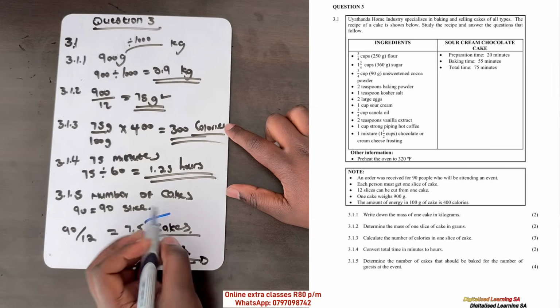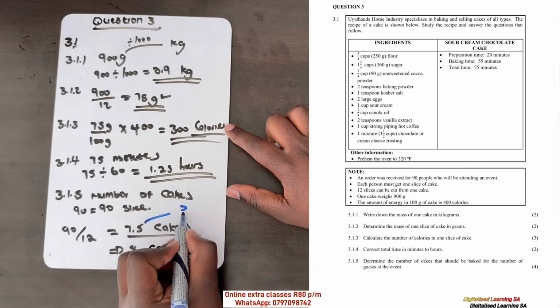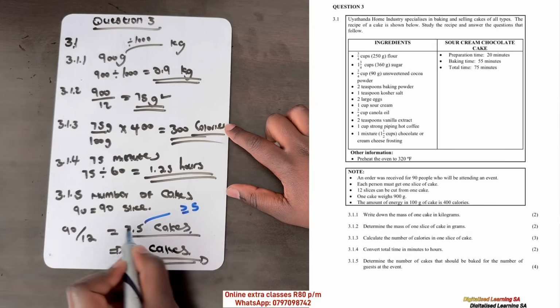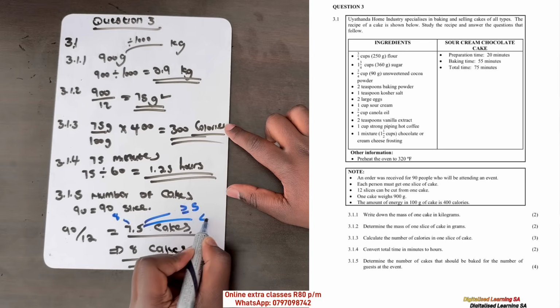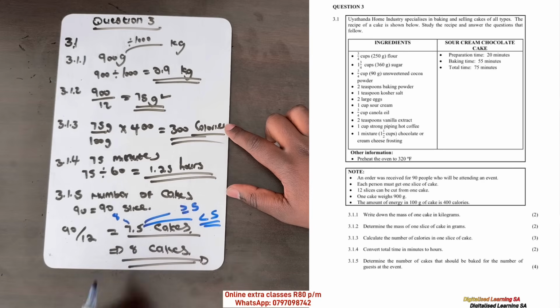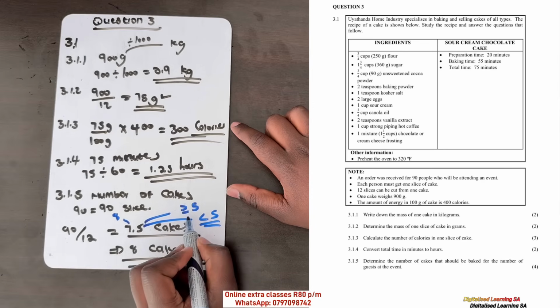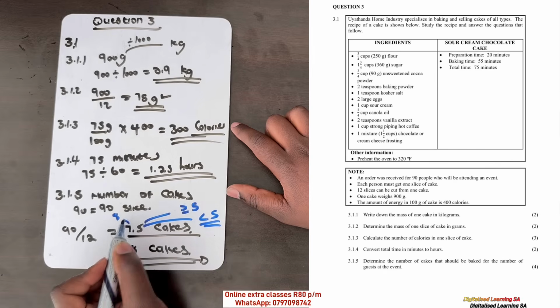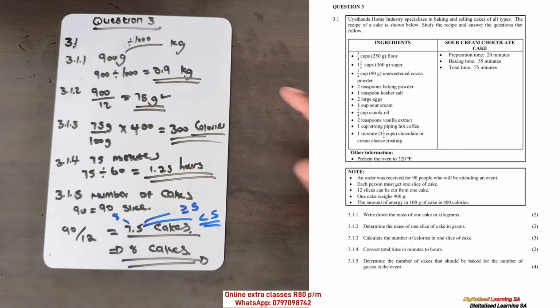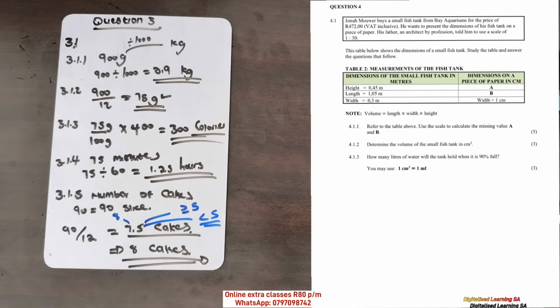If this number here is greater than or equal to 5, this 7 becomes 8. But if this number is less than 5, the 7 remains the same. Because it is greater than or equal to, and in this case it is equal to 5, it means that the 7 will now become 8. That's why we have 8 cakes. And that brings us to the end of question 3.